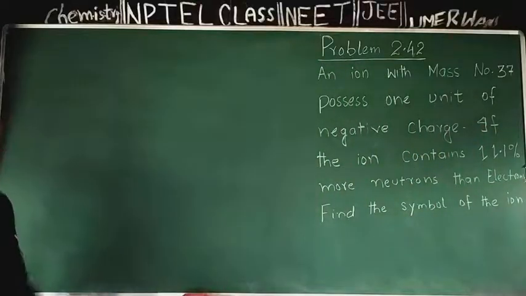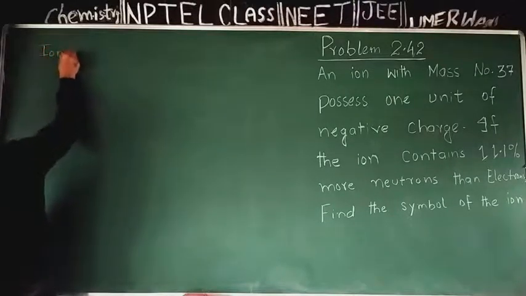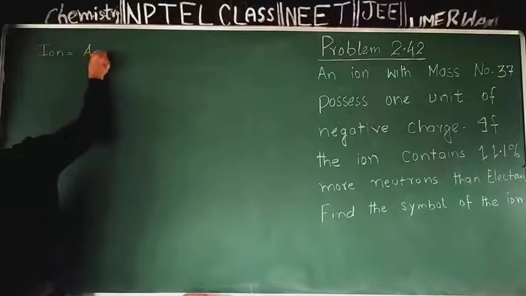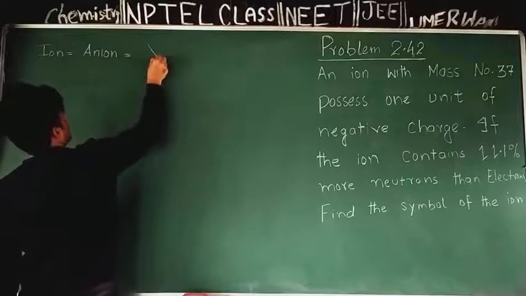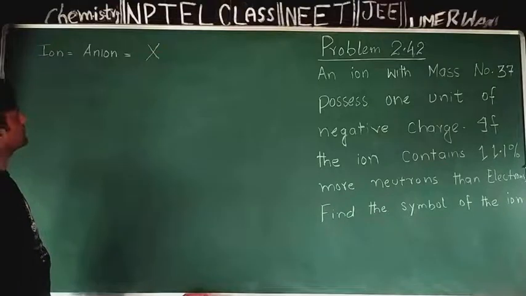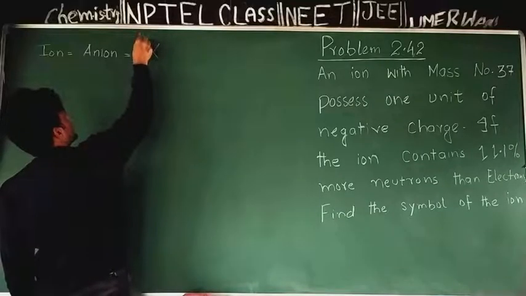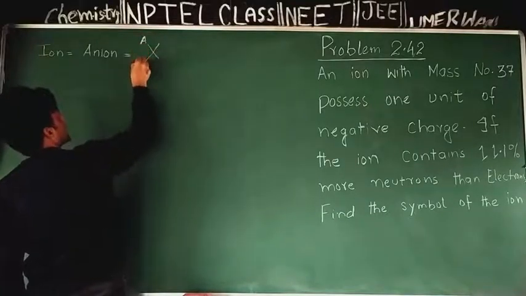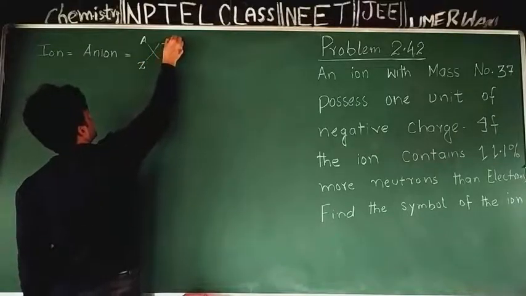I will represent this ion by X, which I need to determine, since the ion is an anion. Its mass number is A and its atomic number is Z, and the charge on this anion is given as -1.